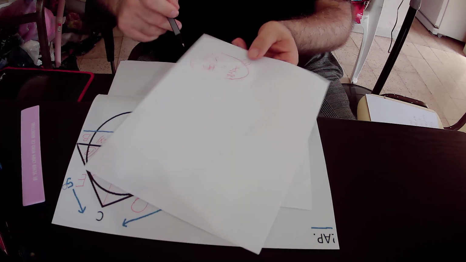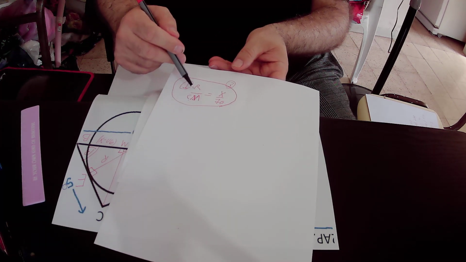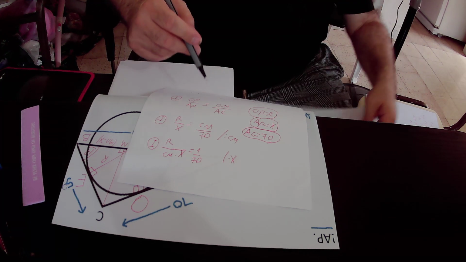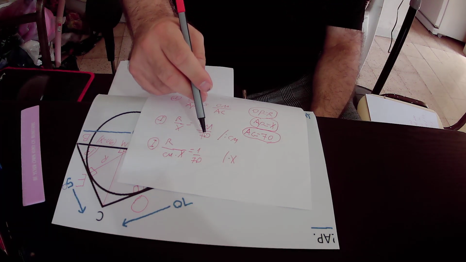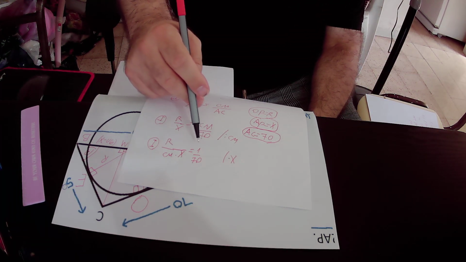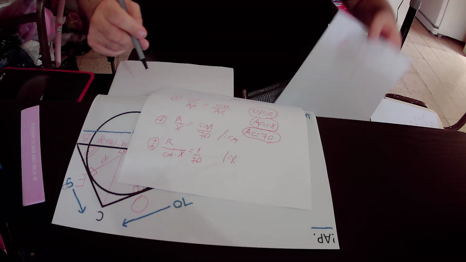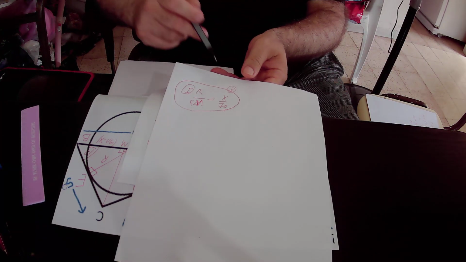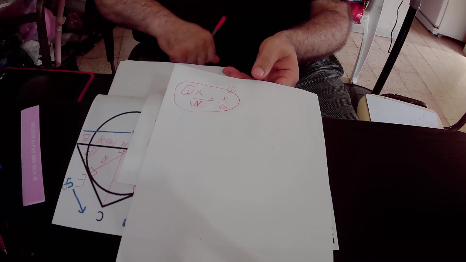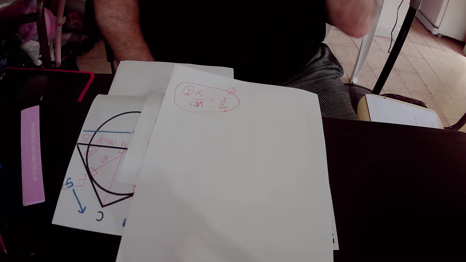And here x times 1 over 70 equals x over 70. So we have the first equation that states that r over cm equals x over 70.